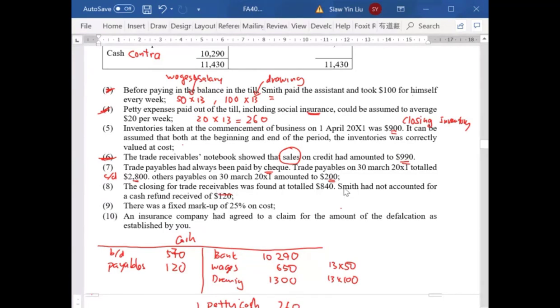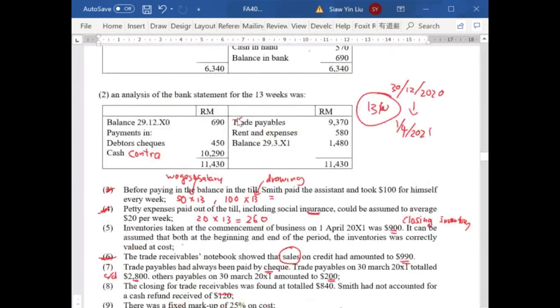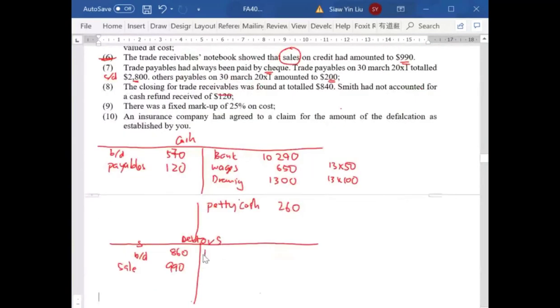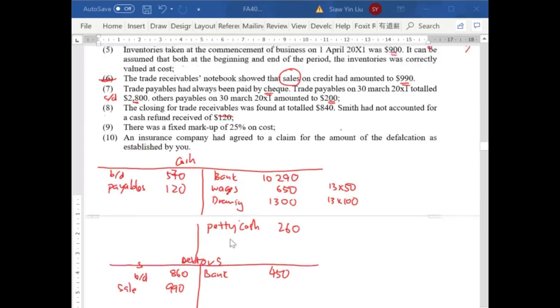Now, next thing, if you look at here in your bank account, they say debtors pay you 450, right? So it means when you come to here, debtors, you have a bank 450. Are you guys okay? Bank 450.